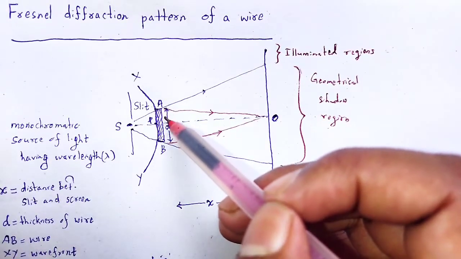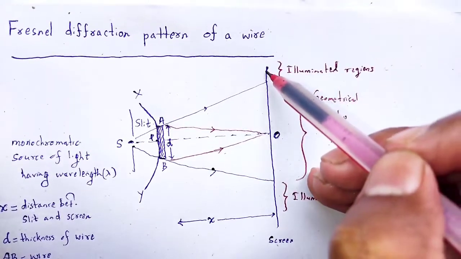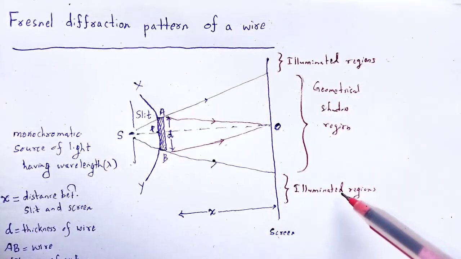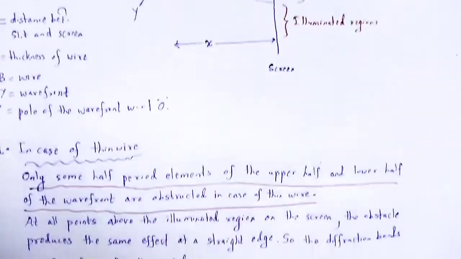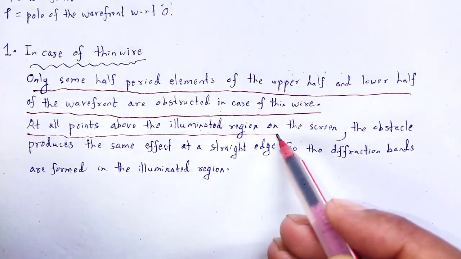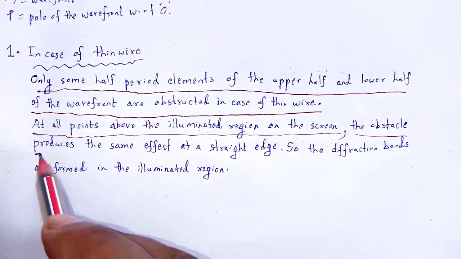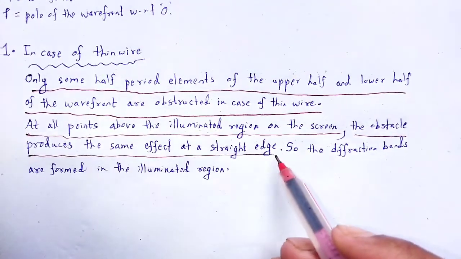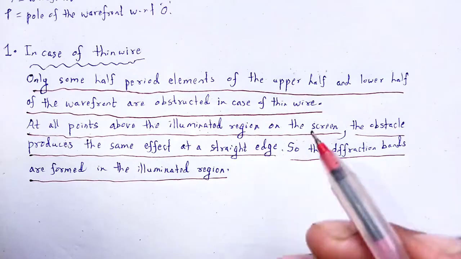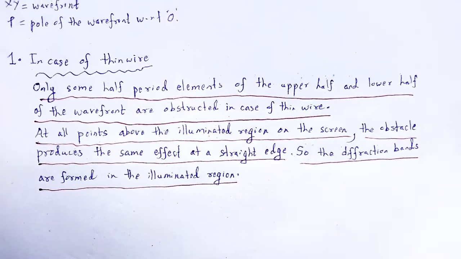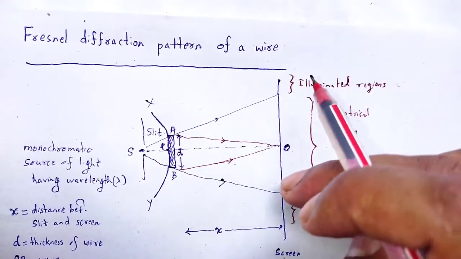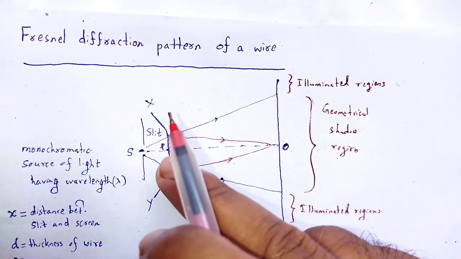So, we obtain the diffraction pattern due to the straight edge in the illuminated regions, above and below, on the screen. So, at all points above the illuminated region on the screen, the obstacle produces the same effect as a straight edge. So, the diffraction bands are formed in the illuminated region, due to the straight edge concept.